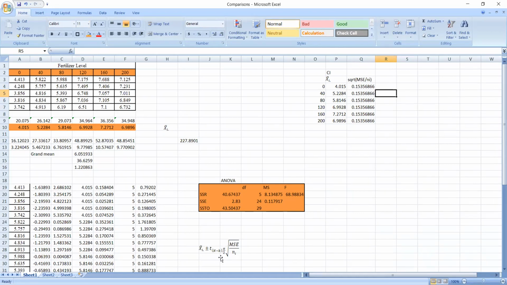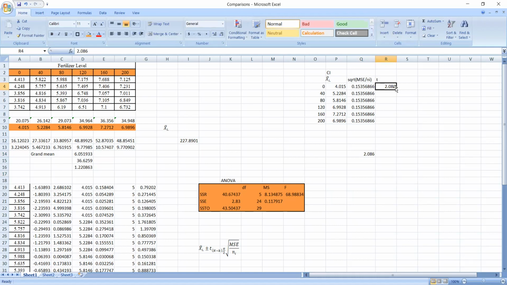For n minus k, n is 25 and k is 5, so that is t with 20 degrees of freedom. When the degrees of freedom is equal to 20 and alpha is equal to 0.05, if you read the T table, the table value is 2.086.